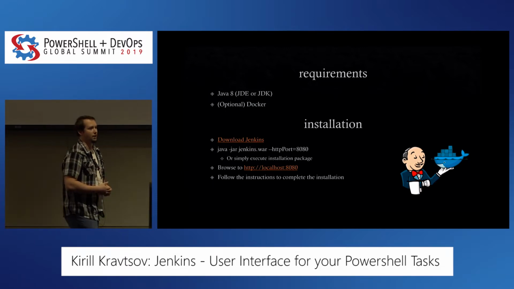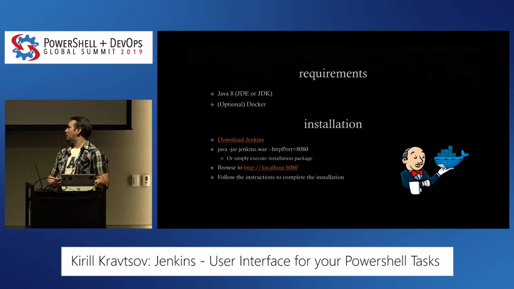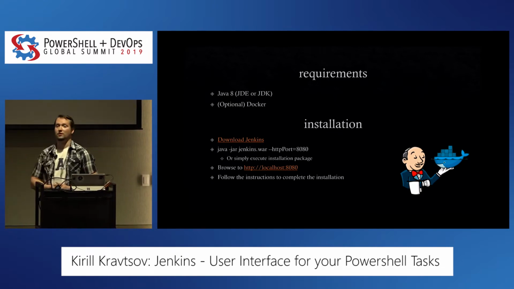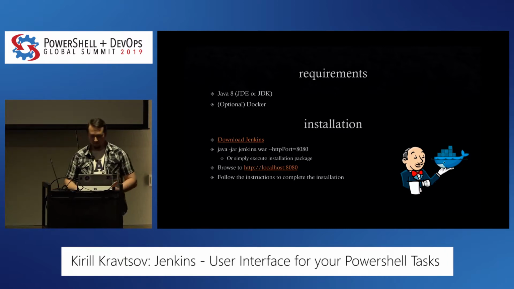That's exactly how I'm running it right now in my lab. Pretty convenient. Now, how do you access it? It's very simple. You get to the localhost. And for the first time, you will log into the Jenkins server, and it will ask you to press next, next, next. And it will set it up for you.